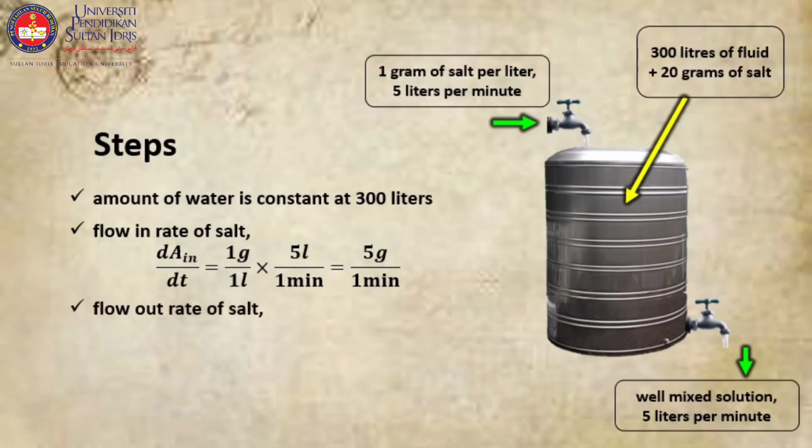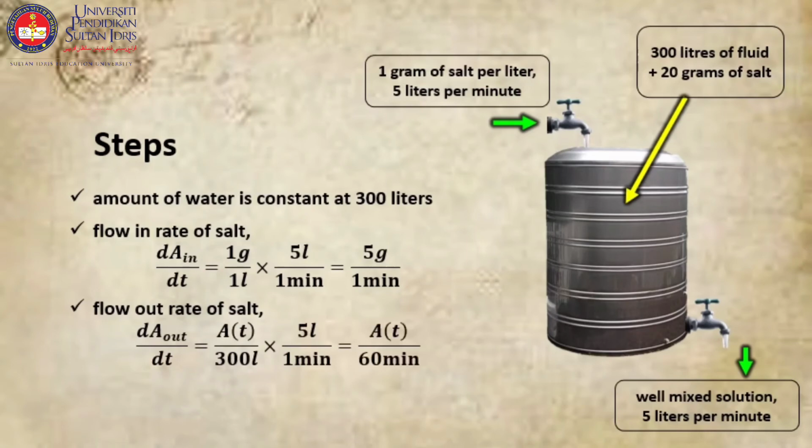For the flow-out rate of salt, dA_out over dt, we can calculate it using the same formula. However, the concentration this time is not fixed. It is given by A(t), the amount of salt in the tank, over 300 liters of liquid in the tank.